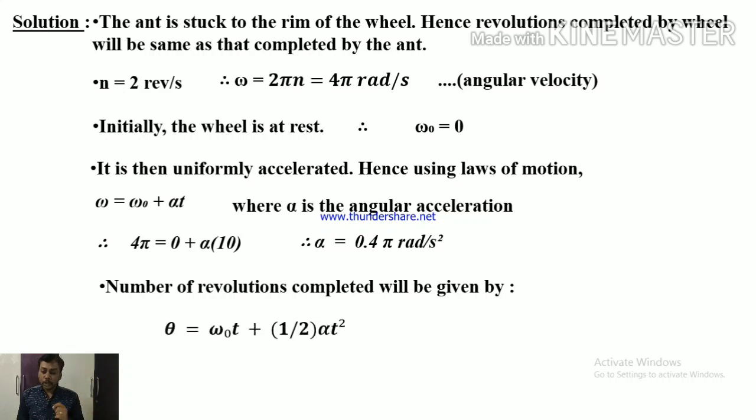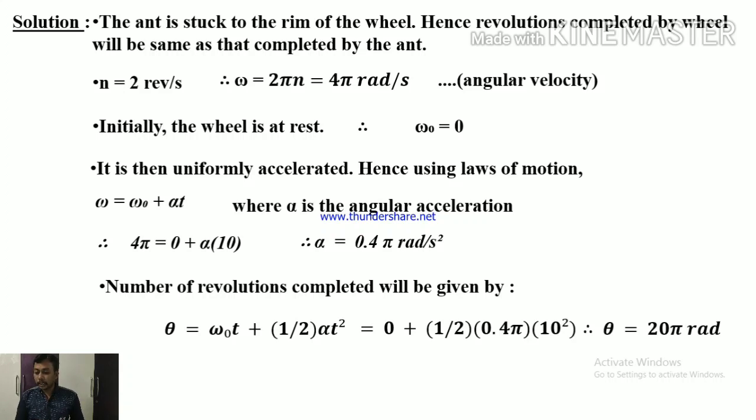For this, use the kinematical equation theta is equal to omega 0 t plus half alpha t square. Put omega 0 is 0, so 0 into t becomes 0, plus half into alpha, which is 0.4 pi, into t square, that is 10 square. If we solve it, we get theta is equal to 20 pi radian.